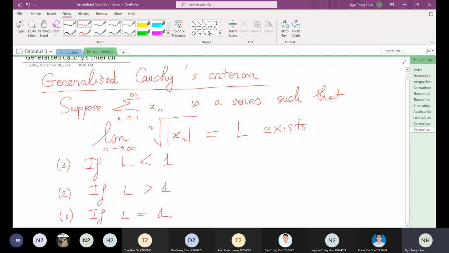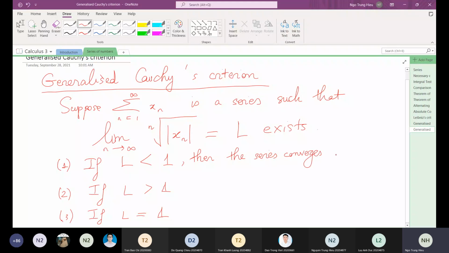So what can we say about the first case? Anyone guess? Just as before, using the D'Alembert theorem or using Cauchy theorem, then the series converge absolutely.